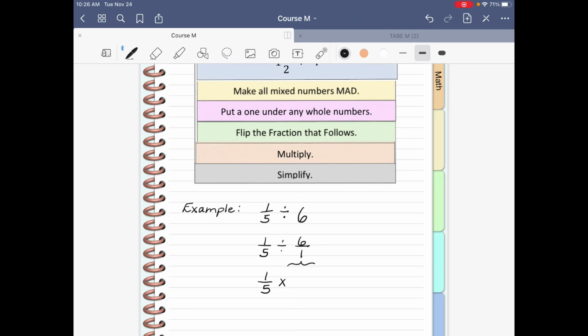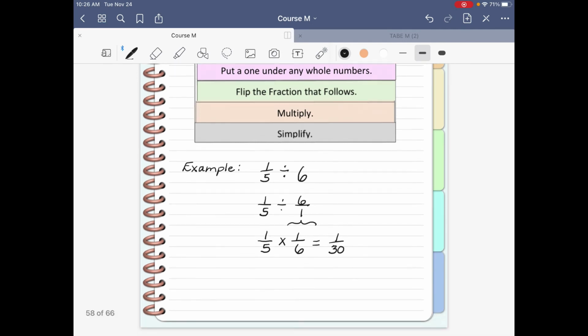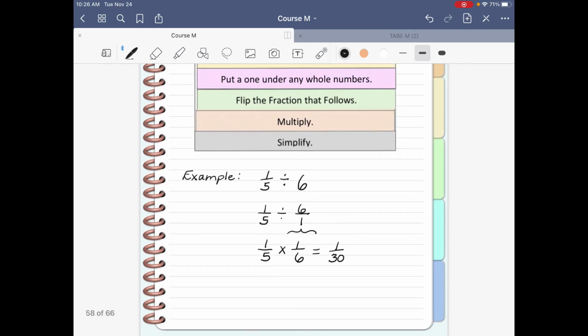So we're going to flip this over. Multiply and simplify. It's already lowest terms. So the answer here is 1/30. You see how that memory piece guides you step by step. If you just follow those steps, you will be just fine.